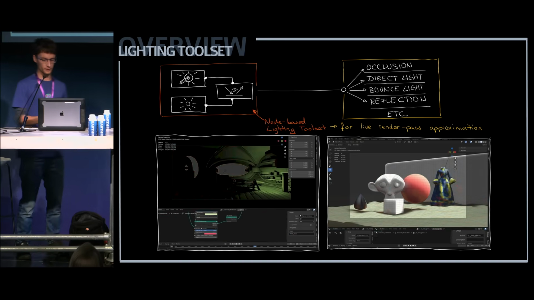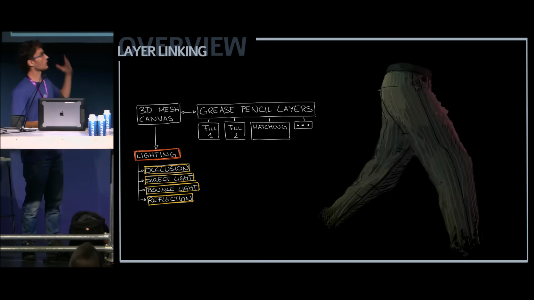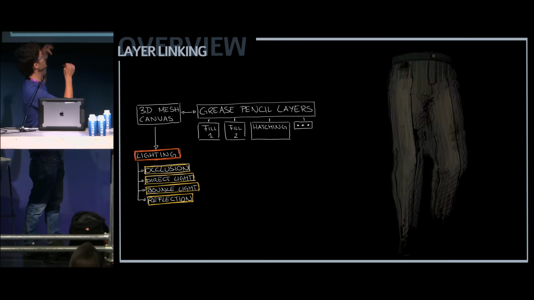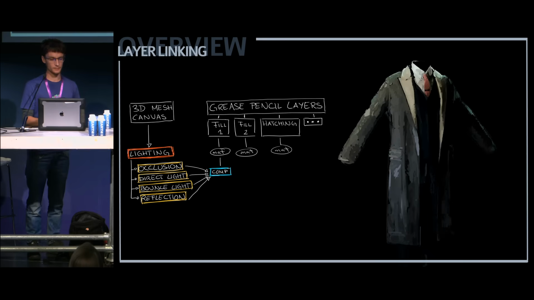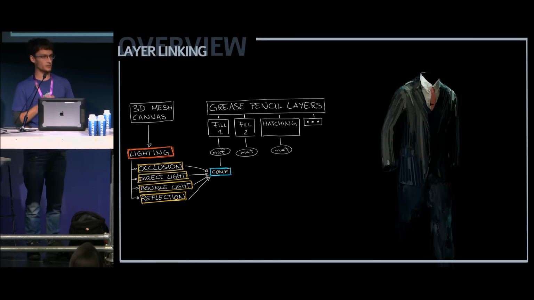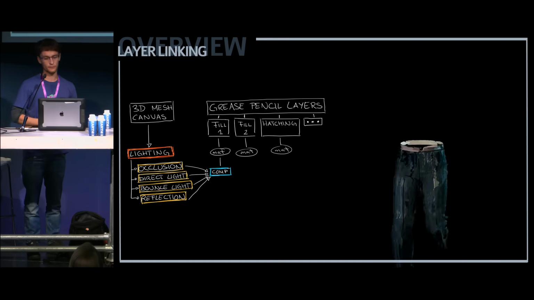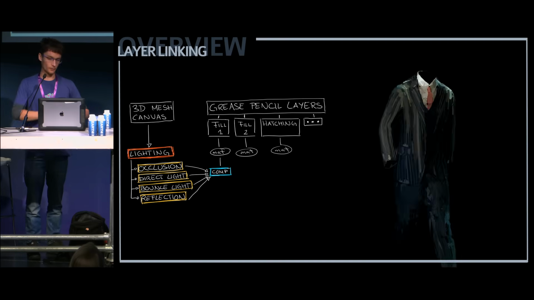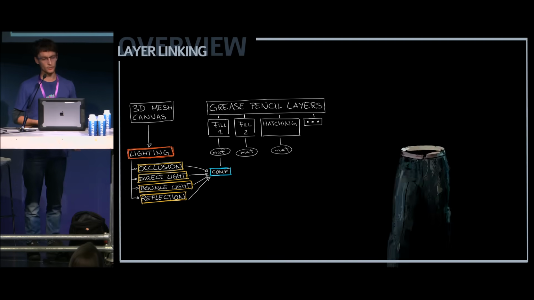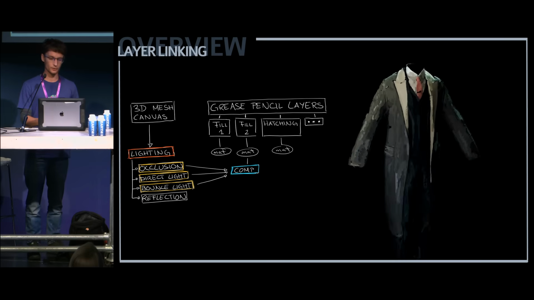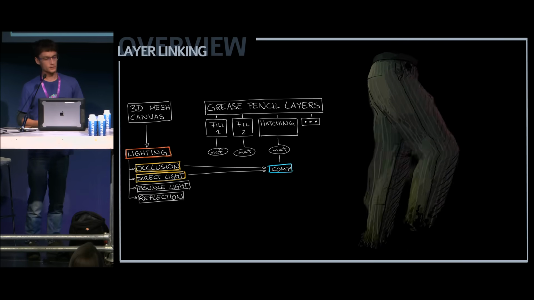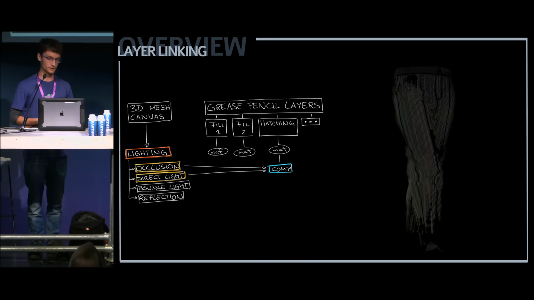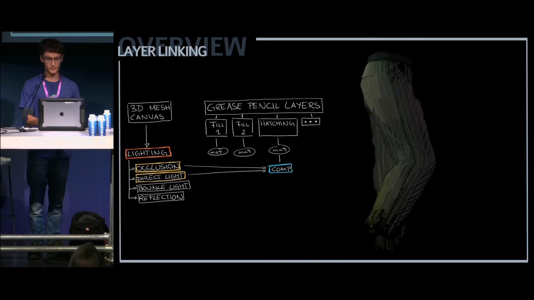If you draw on 3D meshes, you can take these individual render passes and link them to your individual grease pencil layers and perform any kind of arbitrary operations, like recoloring, but also cropping, and a lot of different things, to maintain a very hand-painted look throughout your rendering process.